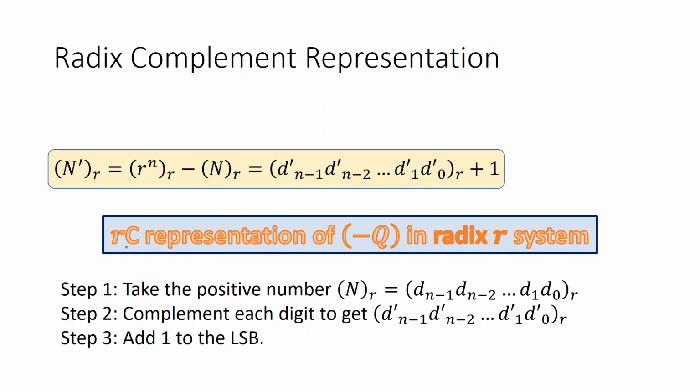Now you see that this n dashed is basically the radix complement representation of a quantity minus q in radix R system. Of course we are in radix R system, so forget about this part of the sentence.